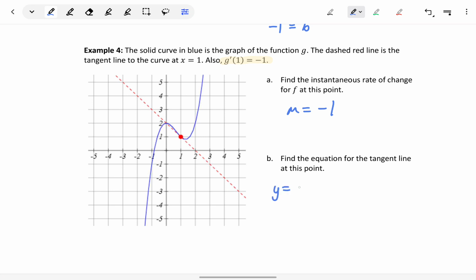And then similarly, we can find the equation for the tangent line by identifying the point that we're passing through, which in this case is 1, 1. That means we'll add 1 to both sides to solve for b, and we'll get 2 is equal to b, giving us an equation for the tangent line of y equals -x plus 2.